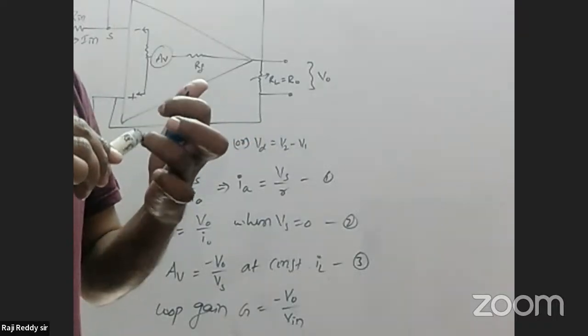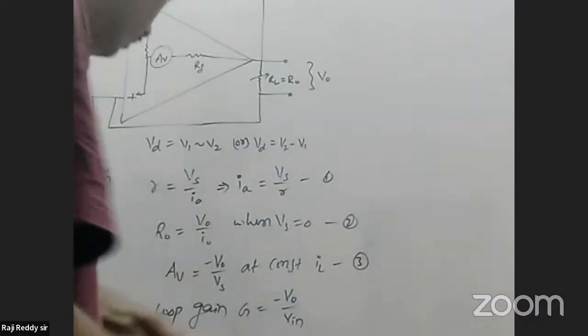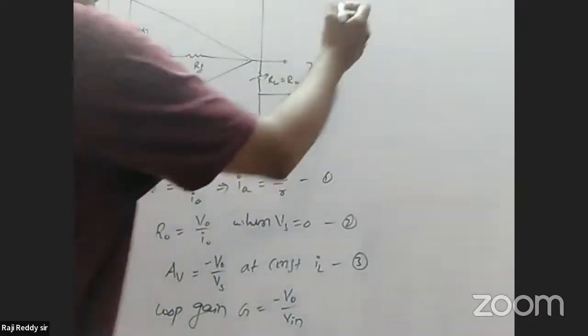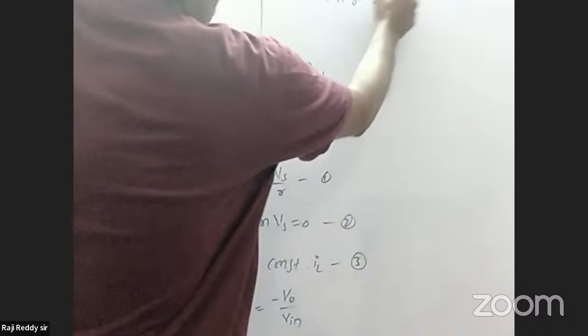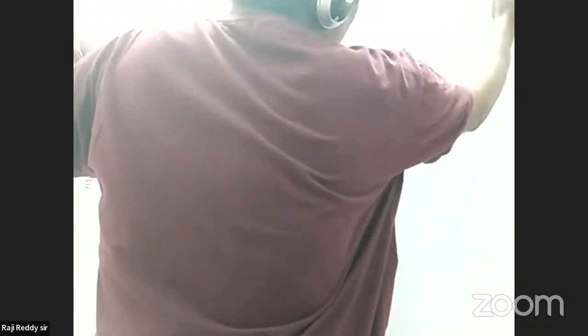So you can apply Kirchhoff's current law at a junction S. That is nothing but applying KCL, Kirchhoff's current law, at S.